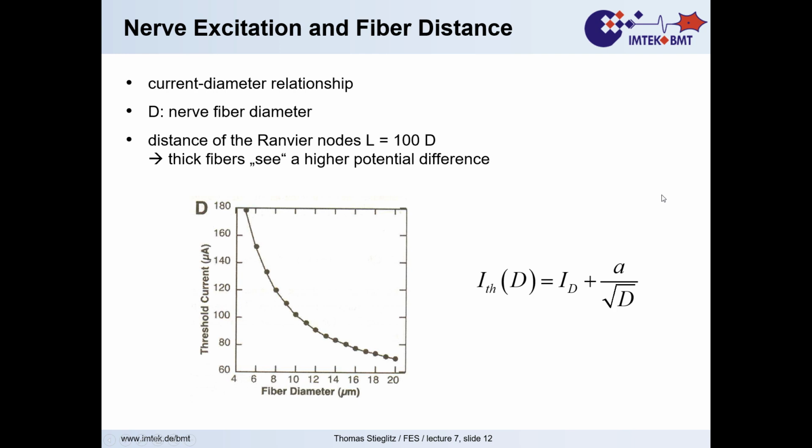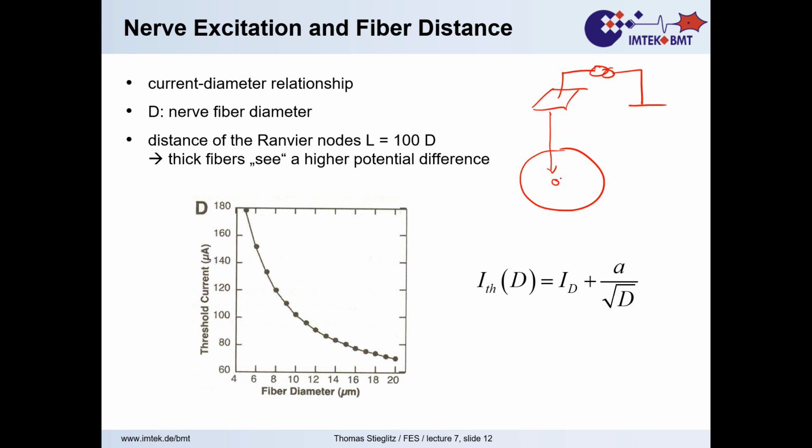And if we now also look at the current diameter relationship, that would mean we would have again our electrode, and we would have a nerve, and we have a fiber, and this is where the current goes.